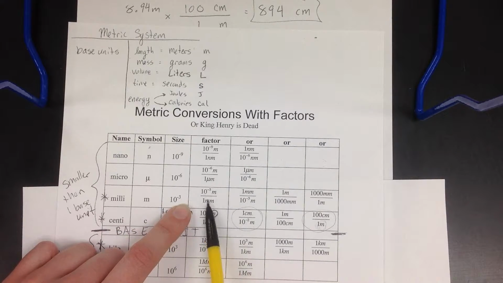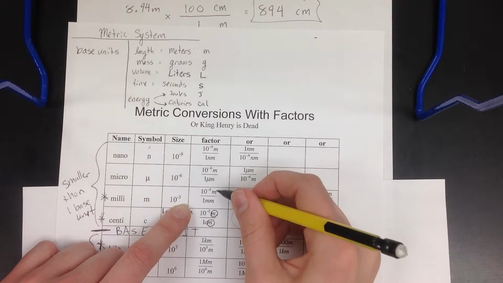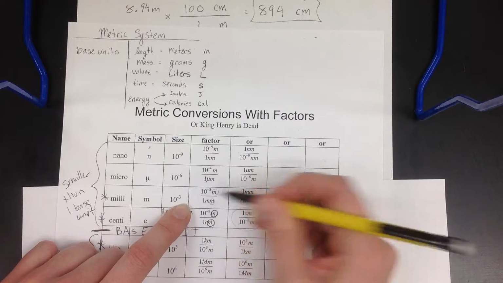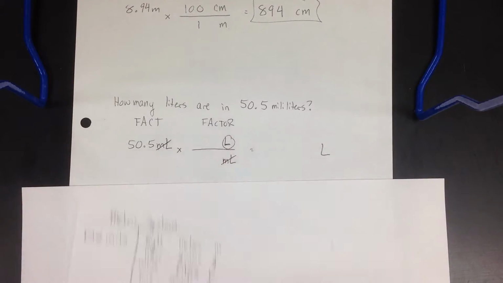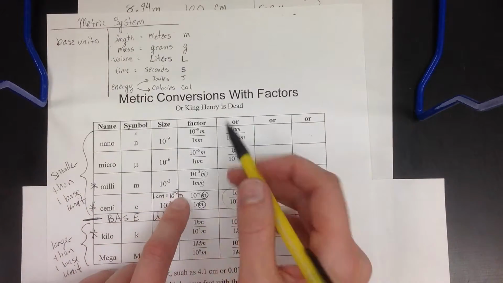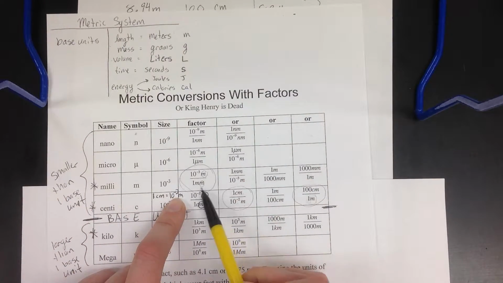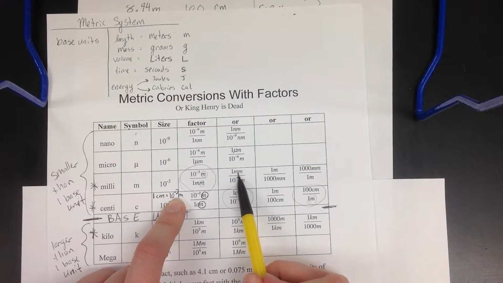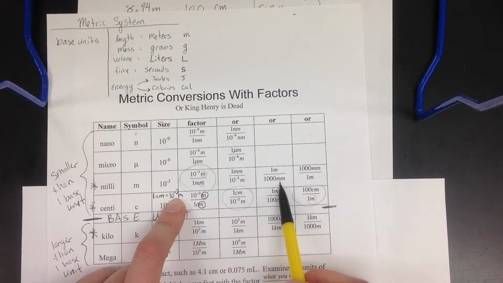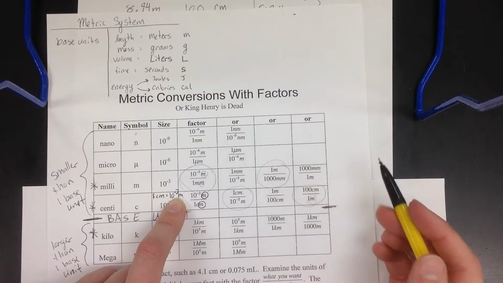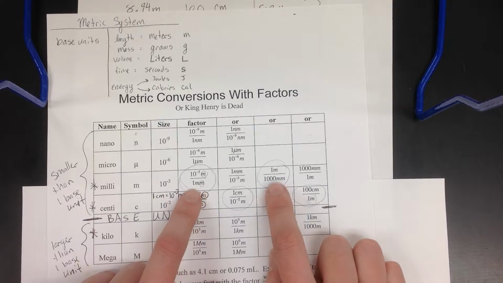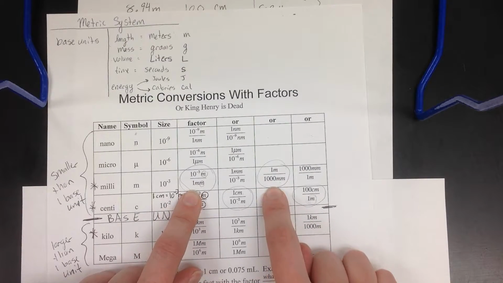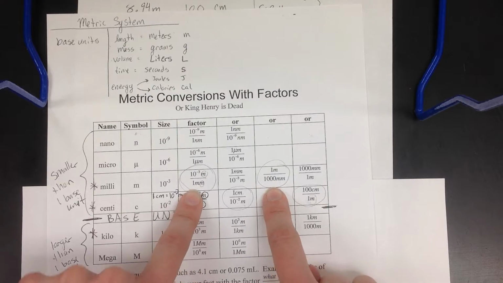All of these factors are going to be the same. You just might have to change this last letter. So, I need milli on the bottom, my base unit on top. I could use this factor, or that puts milli on the top, so I couldn't use that one. This puts milli on the bottom, so I could use that one, and that puts milli on the top, so I couldn't use that one. I could use either of these two in this conversion factor for my problem.